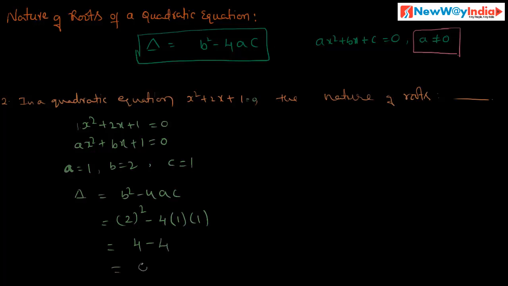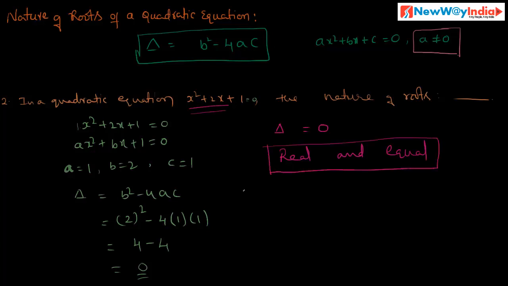So 4 minus 4 is equal to 0. Here the discriminant is 0. So according to the rules, if your discriminant is 0, then the nature of the roots is real and equal. So for this quadratic equation, the nature of the roots is real and equal. So by using the discriminant we can find the nature of roots of a quadratic equation.